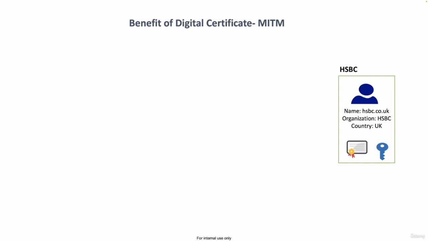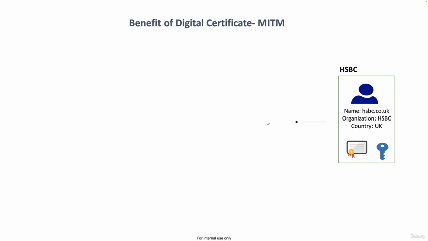So here I'm talking about, let's say there is a company called HSBC, a bank in the UK. Let's say they have created a digital certificate. They've gone to the CA, and the CA has certified the digital certificate with its own private key, right?